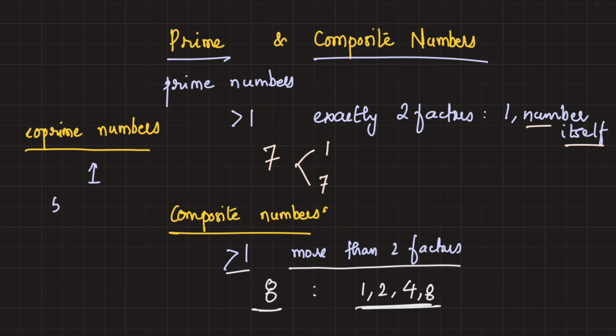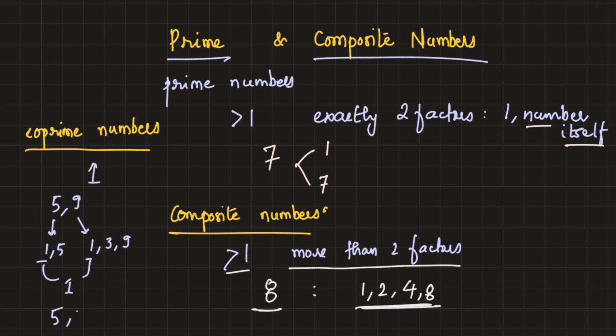For example, 5 and 9 are coprime because their only common factor is 1. What are the factors of 5? 1 and 5. What are the factors of 9? 1, 3 and 9. So the only common factor between them is 1. So 5 and 9 are coprime.